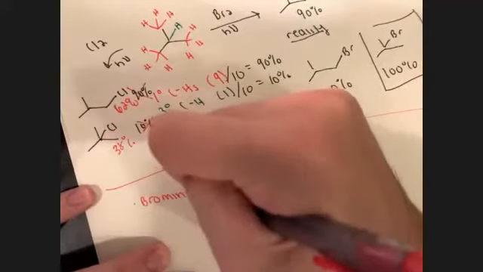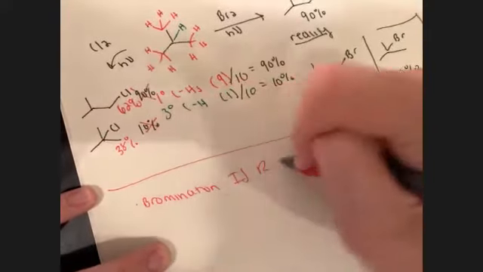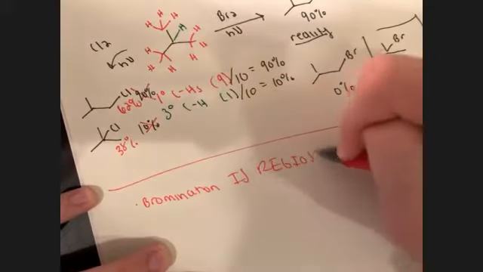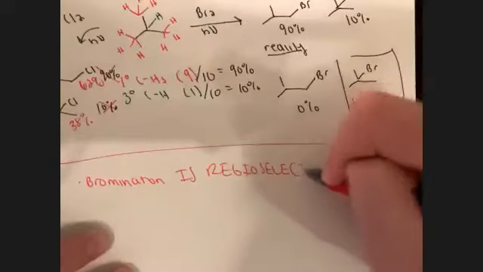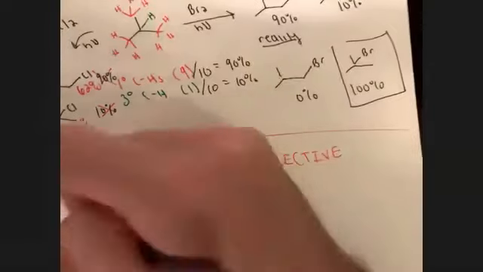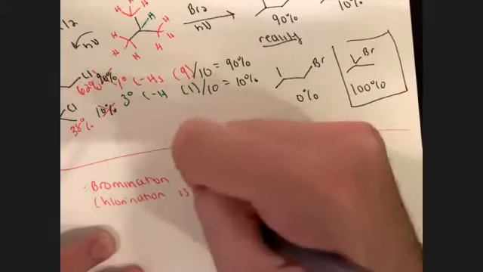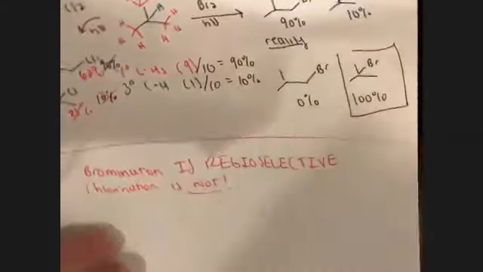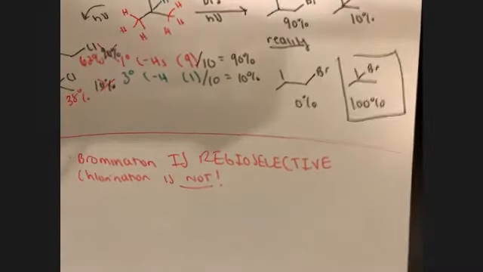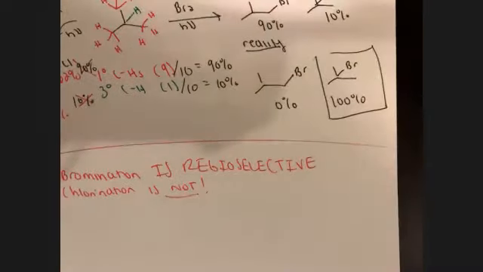Bromination is regioselective. Chlorination is not. That's the biggest takeaway from this chapter, and we're going to talk about why in a second.